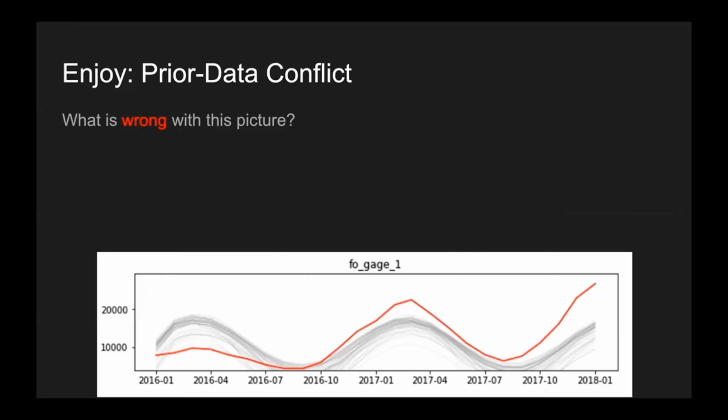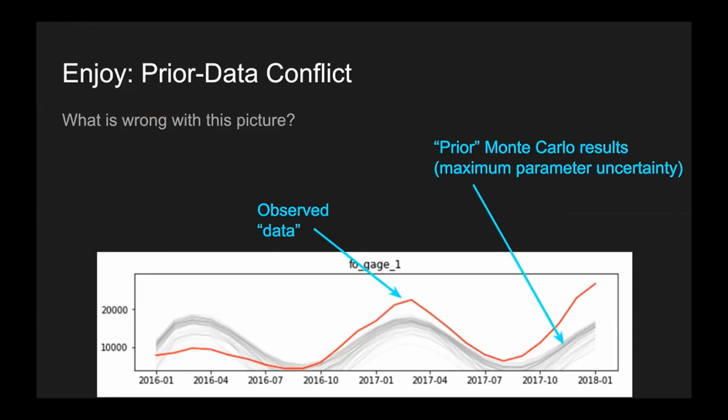And in fact, the not so well at other times brings us to the topic of prior data conflict. Those of you who understand what happens with prior Monte Carlo will immediately recognize that there's a problem in this picture. Again, prior Monte Carlo represents maximum parameter uncertainty, here in the gray traces, and the observed data is in red.